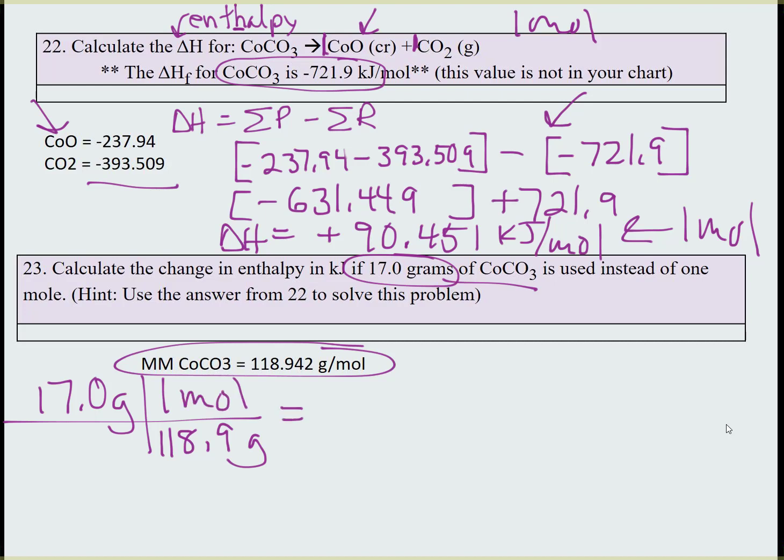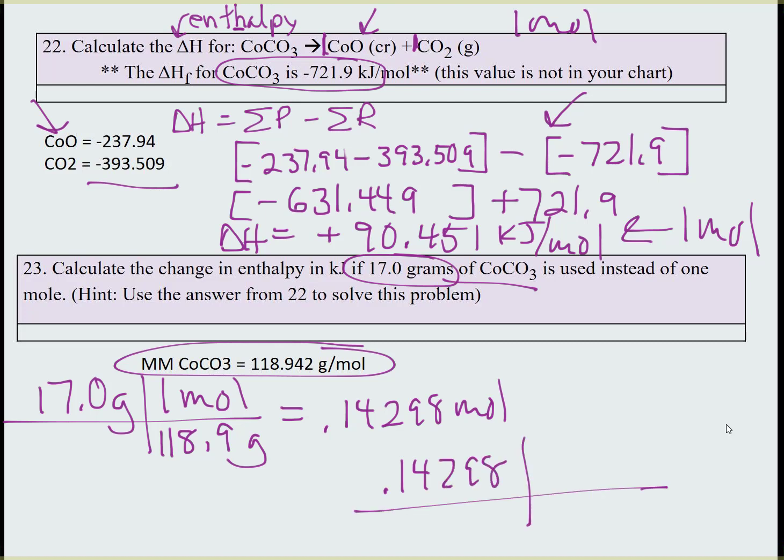So when I multiply this out, this is 0.14298. Lots of sig figs here. Okay, moles. And I know from the problem that if I have 1 mole, that gives me 90 kilojoules. So I just have to multiply through and I get 12.9 kilojoules.